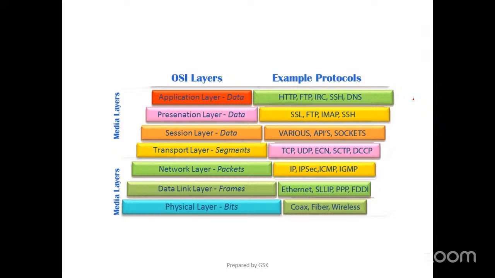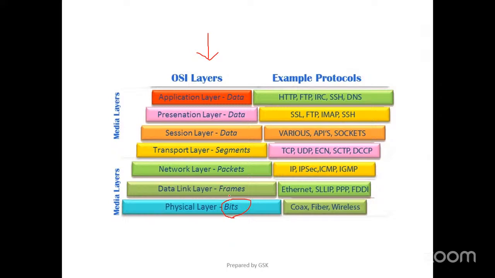This is the slide. With the help of this, you can understand what protocols we use for each and every layer. The next point is, what term do we use at each layer while transmitting the data from one point to another? We already covered this part. In the physical layer, the data is represented in the form of bits.